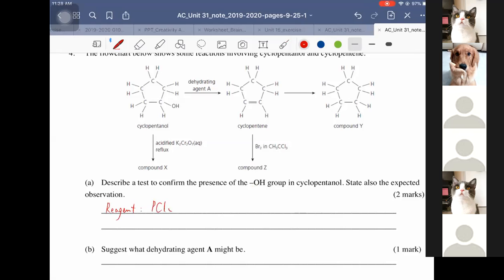So the reagent we use is PCl5, and the expected observation would be a steamy film produced.